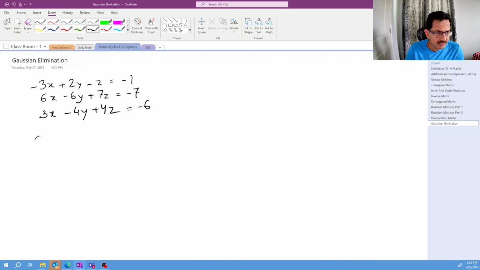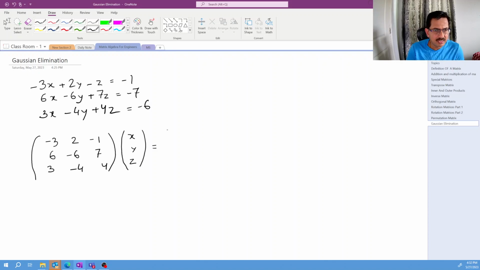So if I write these equations in matrix form, how will I write it? I will write it 3 2 minus 1, 6 minus 6 7, 3 minus 4 and 4, and with that I will have a column vector, and that is basically giving me this result, which is minus 1, minus 7, minus 6.